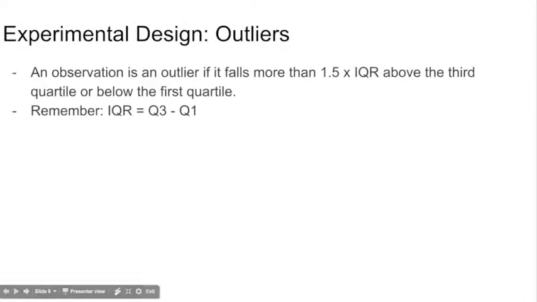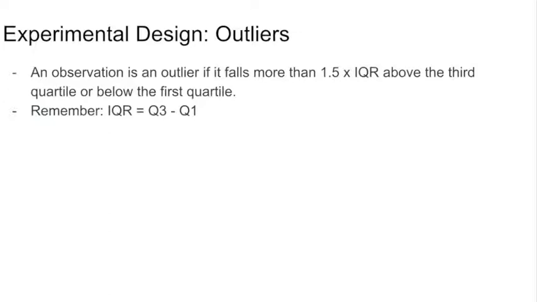Moving on to outliers. Basically, an outlier is an observation that falls more than 1.5 times the interquartile range above the third quartile or below the first quartile. If we're looking at a graph, this is when a point is way off the 1.5 times IQR rule.